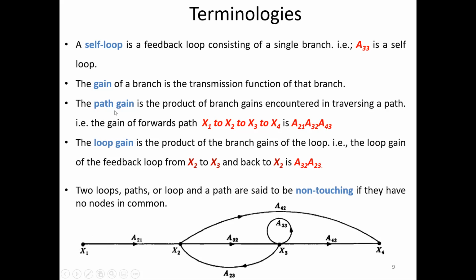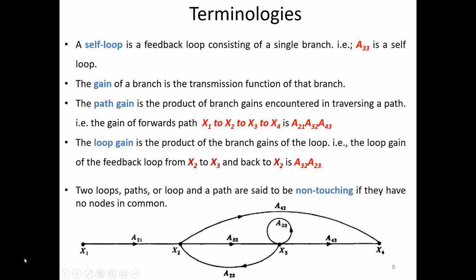Similarly, we can have a path gain. What is a path gain? Whenever you do a path traversal, whatever gain we encounter, we call it a path gain. Say for example, I have a path from x1 to x2, x3, x4. I have moved in this fashion from x1 to x4, crossing a21, a32, a43.